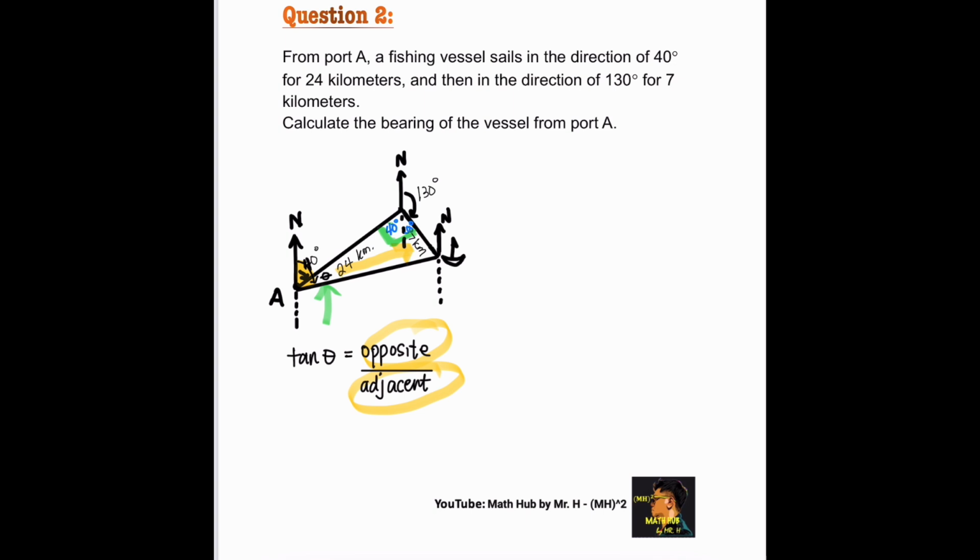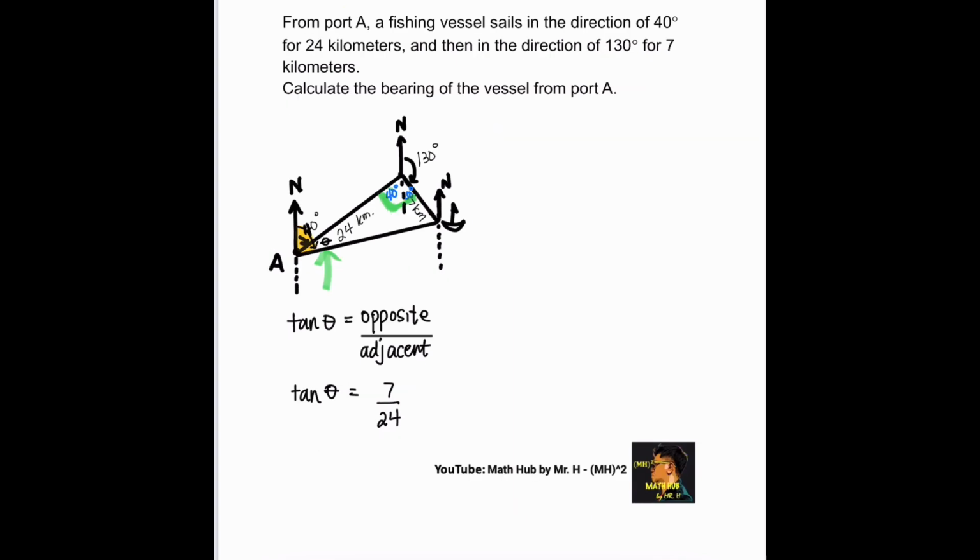And adjacent to that is 24 kilometers. All right? So tangent theta is equal to opposite, 7, divided by adjacent, 24. And then from here, we can calculate theta by using theta equals tangent inverse of 7 over 24.